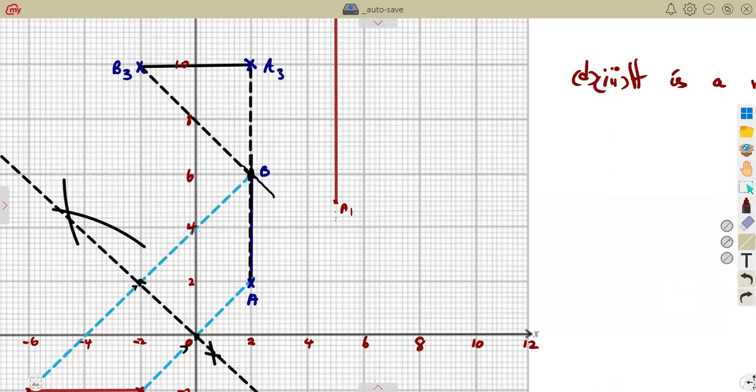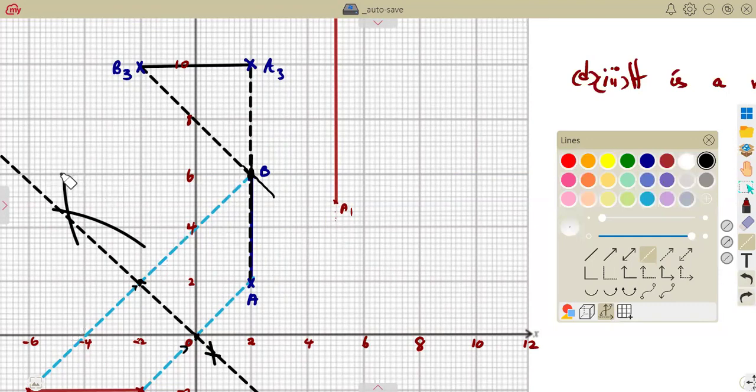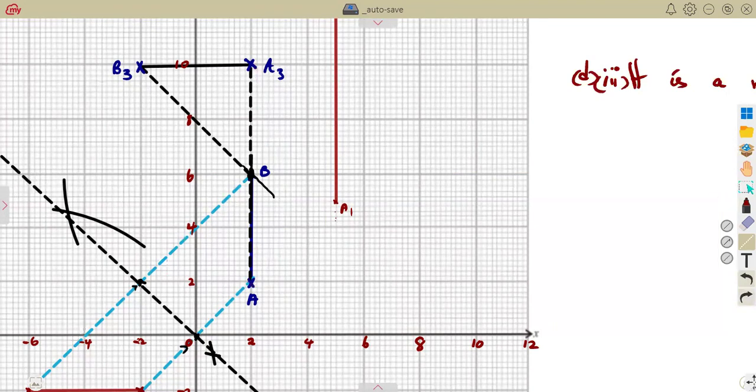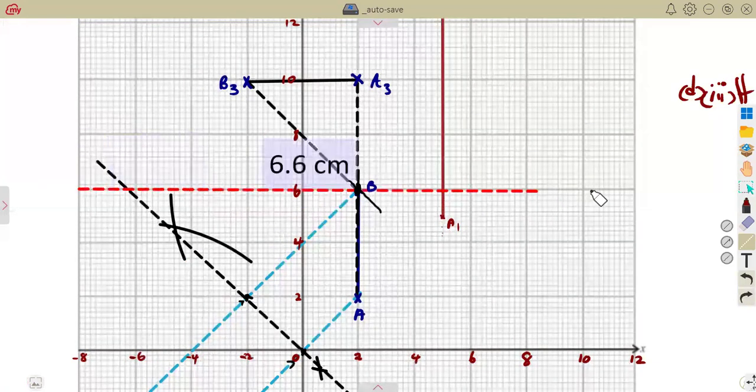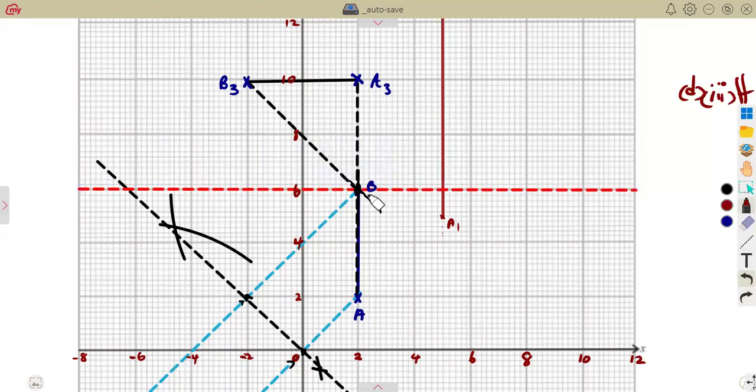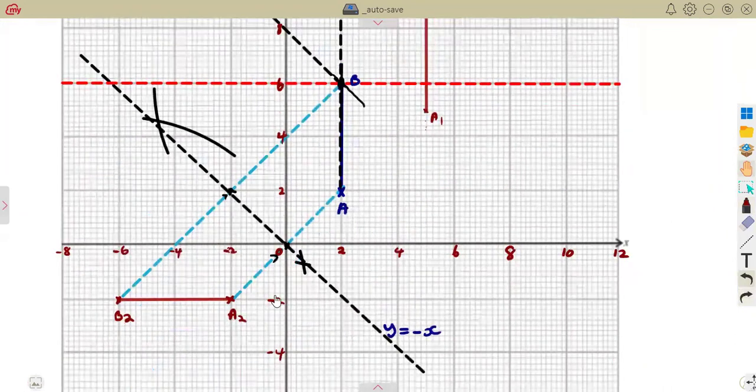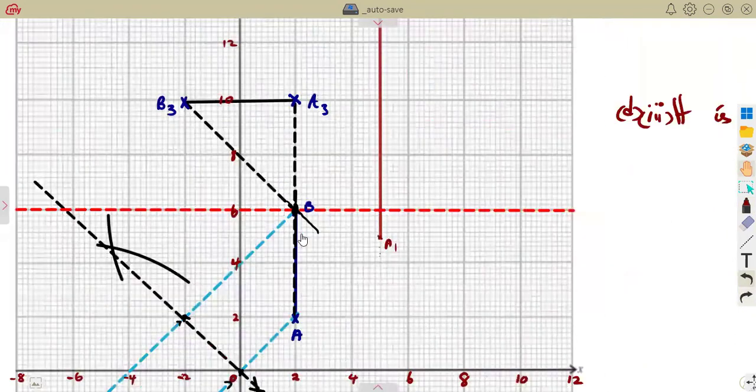So I want you to try it. B to B3, it was going to pass. This one of A to A3, it was going to pass through this line. So that is the first bisector that you have. You bisect A to A3 the same way that I did here to bisect A1, A and A2.